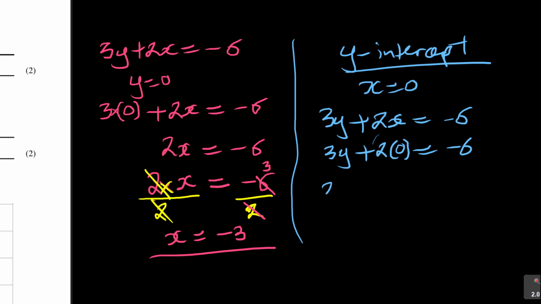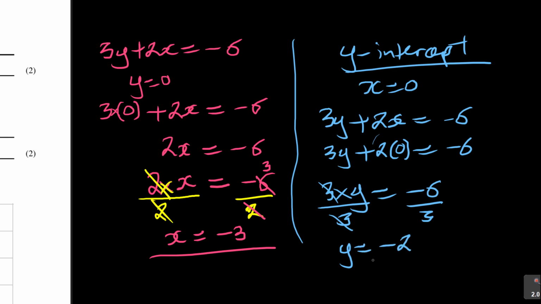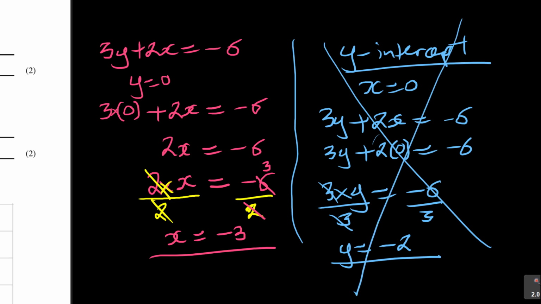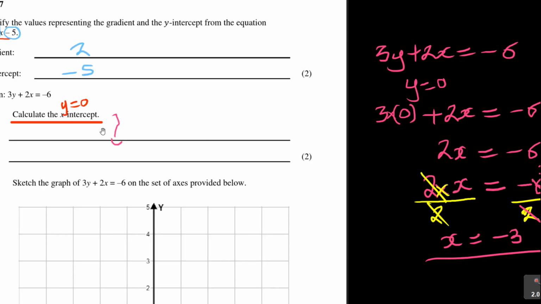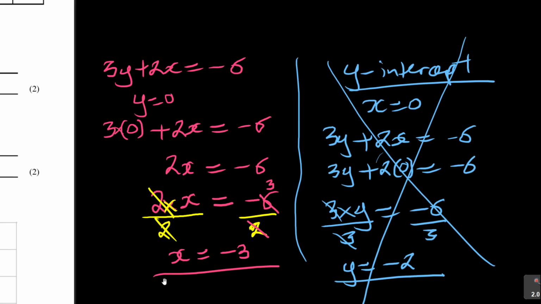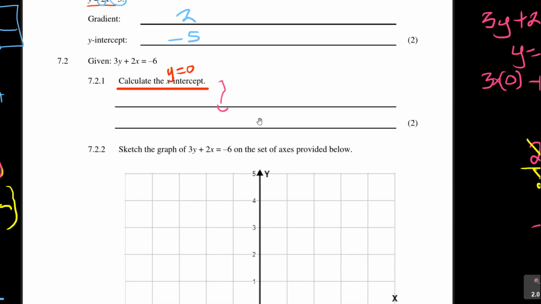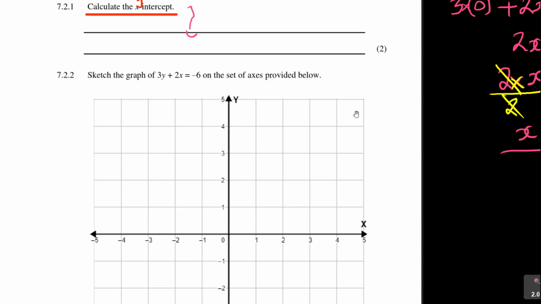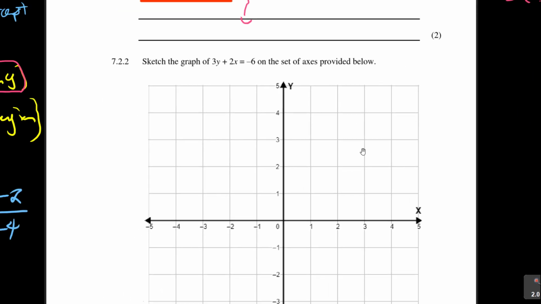So you've got 3y, or 3 times y is equal to minus 6. What do you do this time? You divide by 3. Then when you cancel there, y is equal to 3 goes into 6 2 times, which is negative 2. This was not required, but what if the question said find the x and the y-intercept? I'm just going ahead and showing you that. So far so good. Look, it's 2 marks, but just trust me, they count a lot towards the final mark that you'll be given.